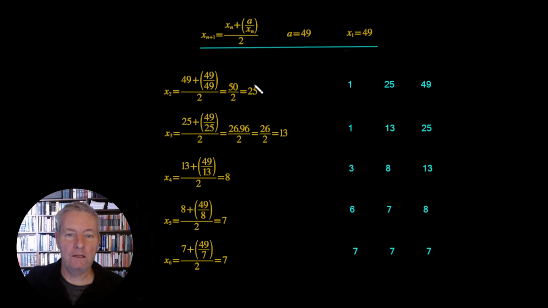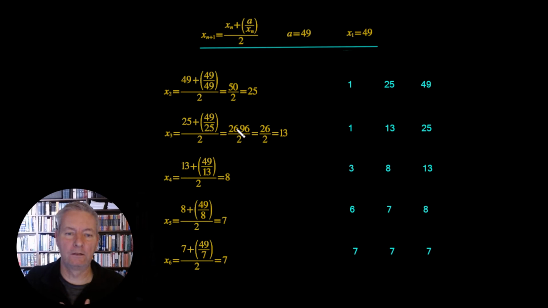If we then take this and put it down into our next iteration, the value 25 now becomes our next guess. So we're going to have our 25 plus 49 divided by 25, all over 2. A thing to note here is that whenever we divide 49 by 25, we get 26.96, but we don't have these floating point numbers.